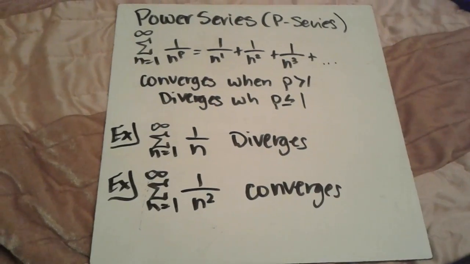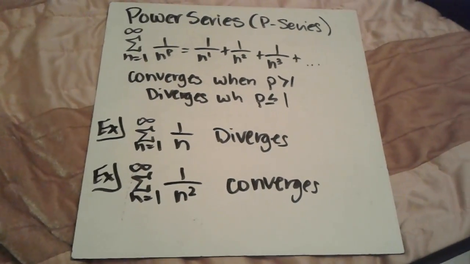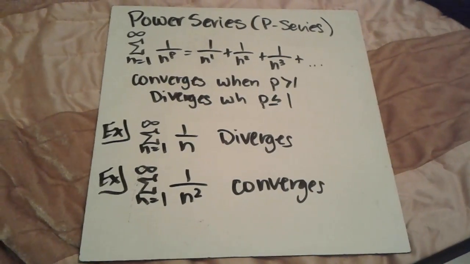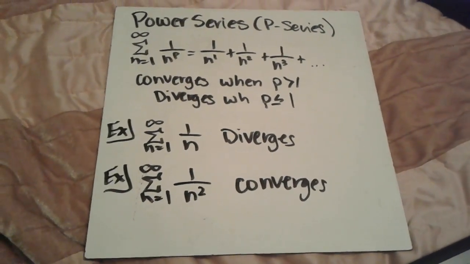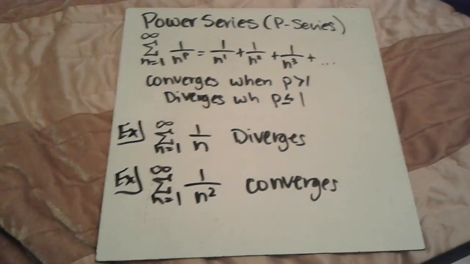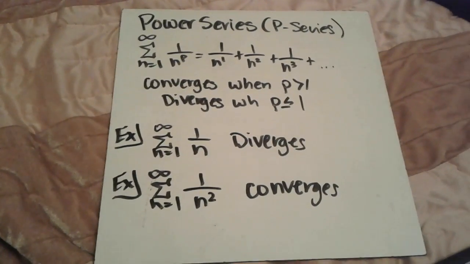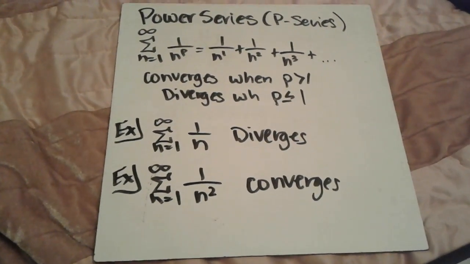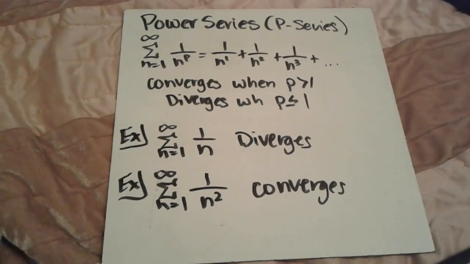This means that your n has to have an exponent, and that exponent, your p, is the number you use to see whether it converges or diverges. If it converges, that means p is greater than 1, and if it diverges, that means p is less than or equal to 1.